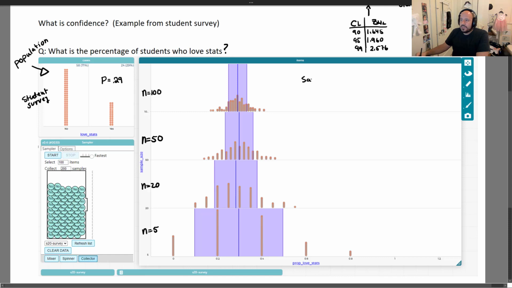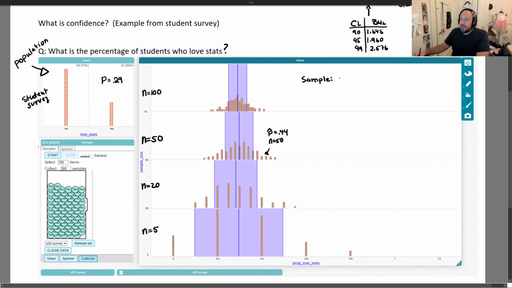The first sample that we are going to look at, I think I remember it was right here. I forget exactly where it was, but this was our 77th sample. We had 50 people in that sample, and what we ended up getting for the percentage of that sample was around 44% of our students loving stats.